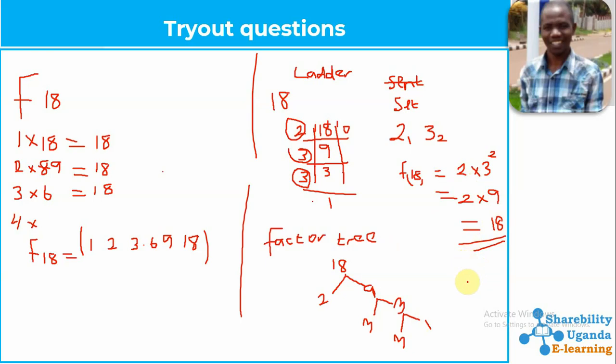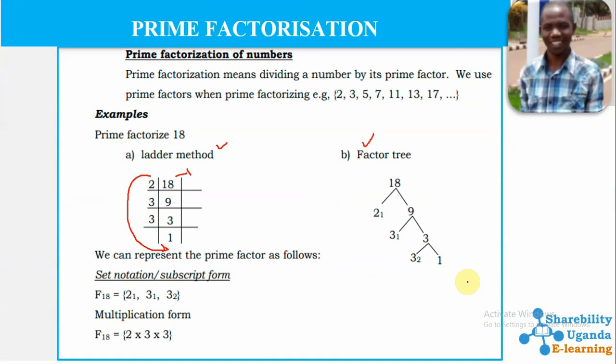To make a recap, we said that under prime factorization, we divide these numbers by prime factors, the numbers that divide with no remainder. Examples are 2, 3, 5, 7, up to 17 as indicated here.